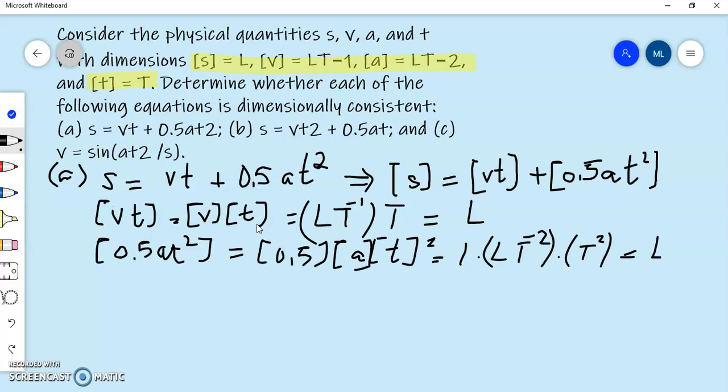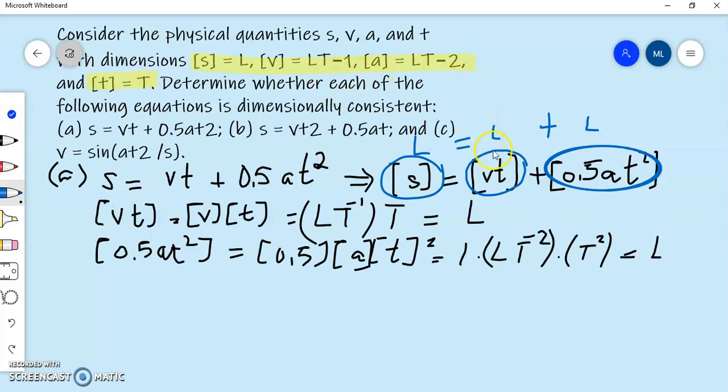So now what we see here is this gives us L, this gives us another L, and this gives us another L. So right away we see that the first condition is satisfied.